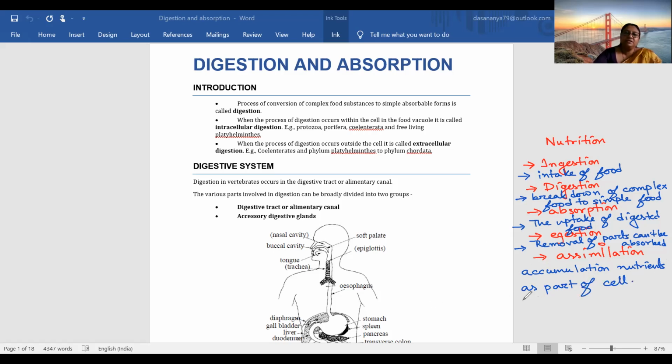You know, a person ate a fish. This fish was digested to get phospholipid.